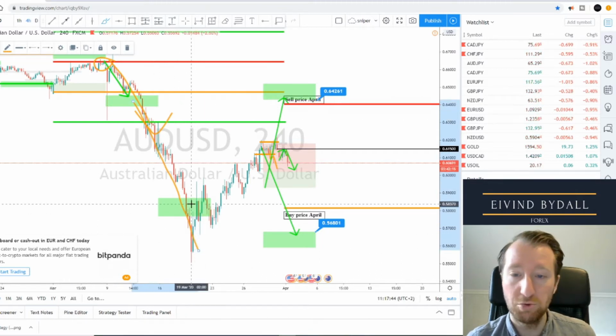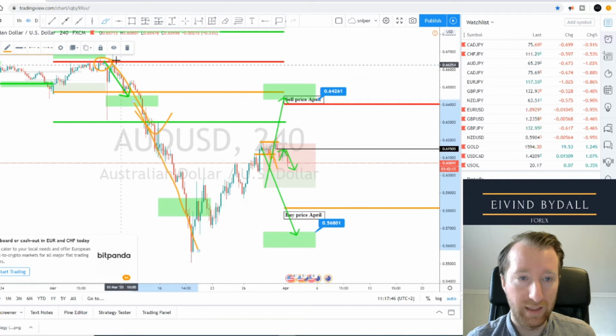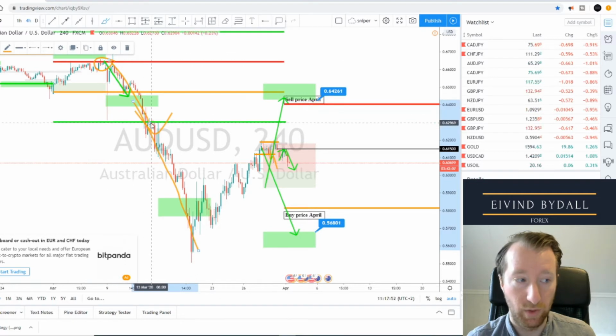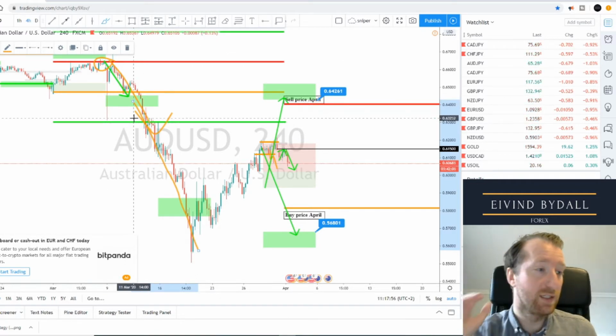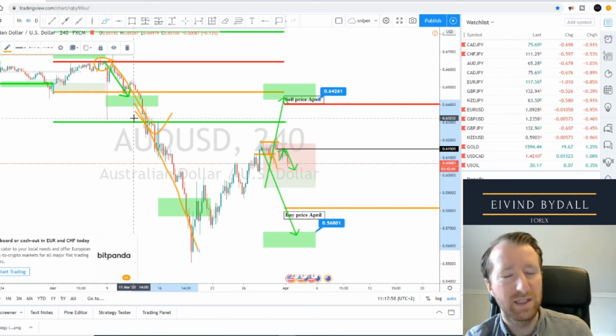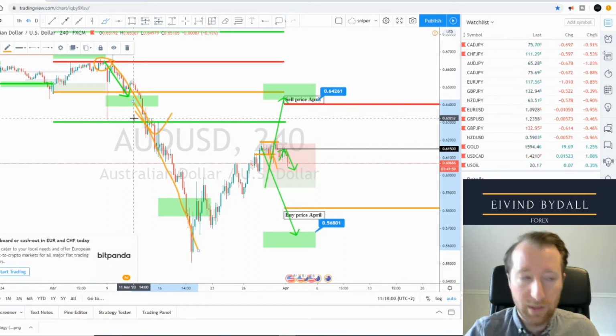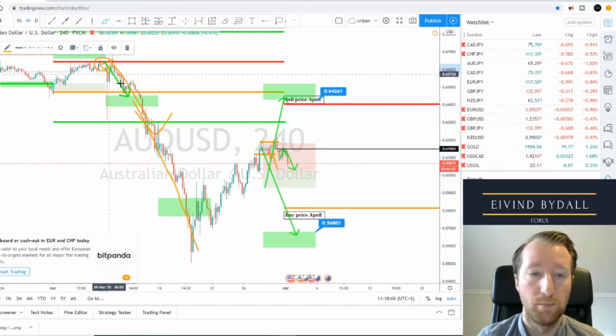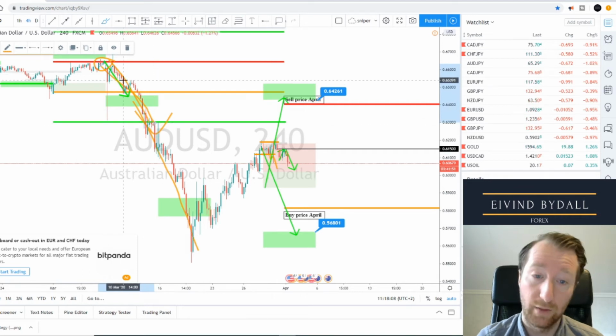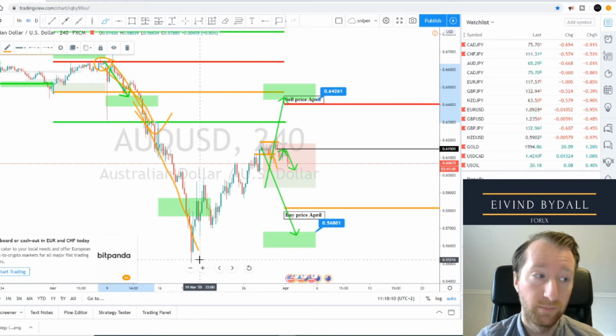I see this as the move from the red line to the take profit zone, and the rest is gone. Then I would scalp maybe, or just tiptoe and not risk much. But this is the main move that I see. And then of course you can see the longer move.